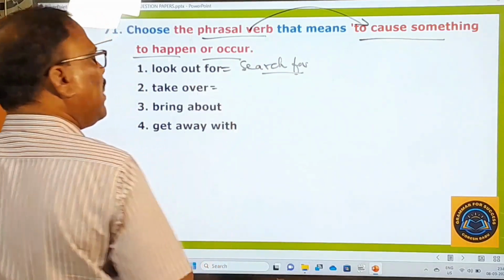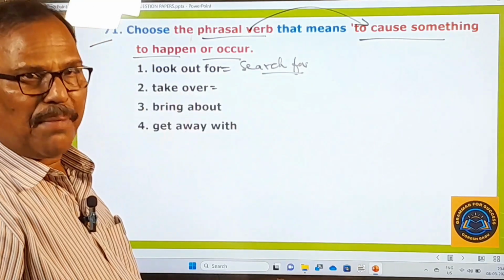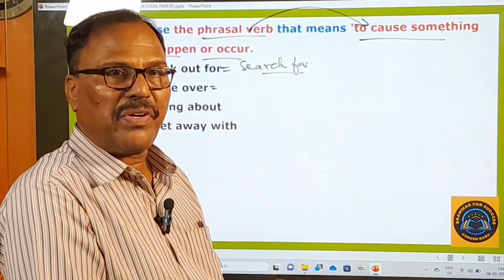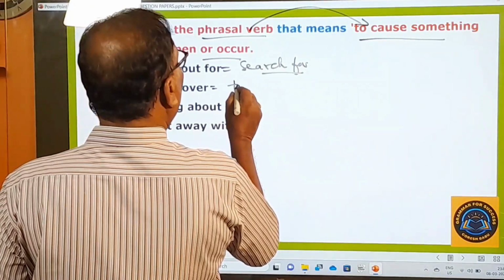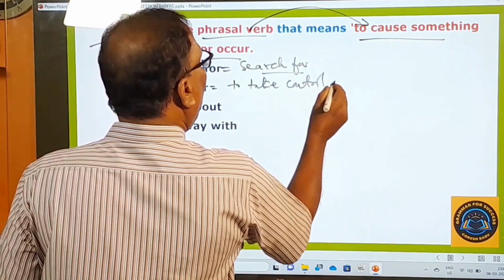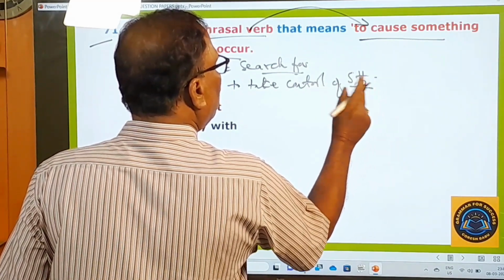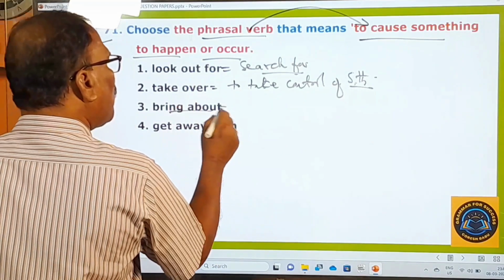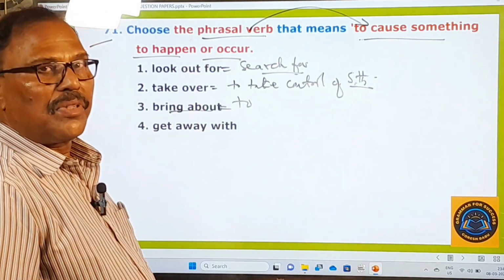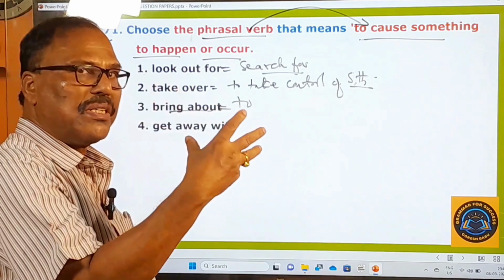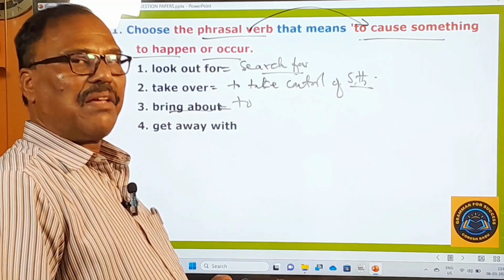Take over. Take over means to take control of something or possession of something. The military has taken over the government. Here, STH means something. Bring about means to cause something to happen. The computers have brought about so many changes in our everyday life.